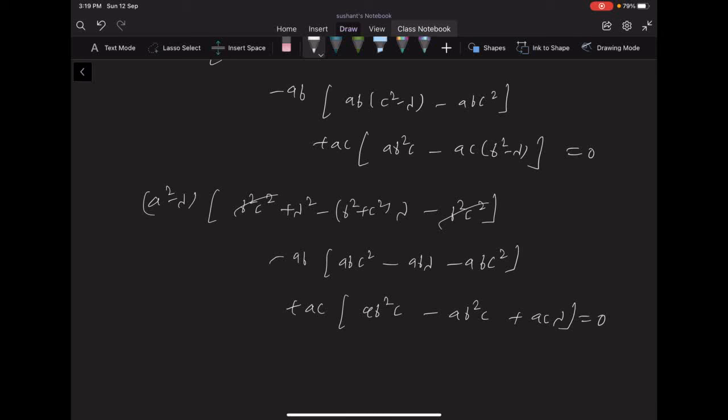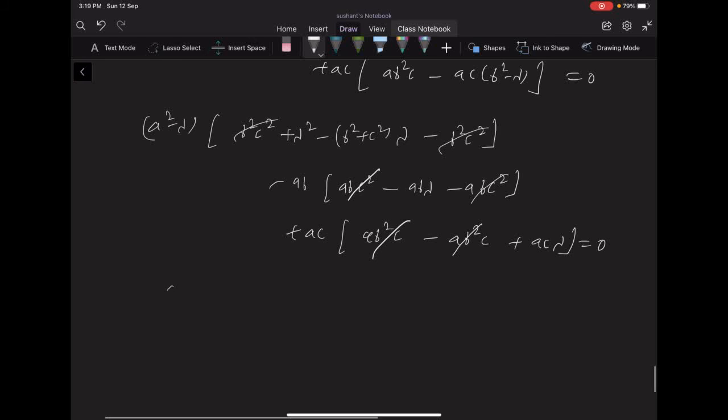So these terms will cancel out. Then we will get A square minus lambda times lambda square minus B square plus C square lambda, plus A square B square lambda plus A square C square lambda equals 0.